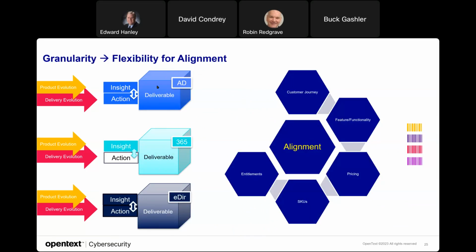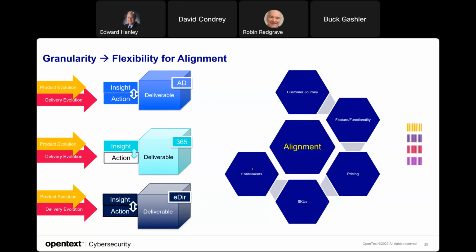This granularity gives us flexibility for alignment, because the customer journey is different, which means the feature functionality needs to align to the customer journey. We need our pricing aligned to our feature functionality, and our SKUs and entitlements aligned to that.